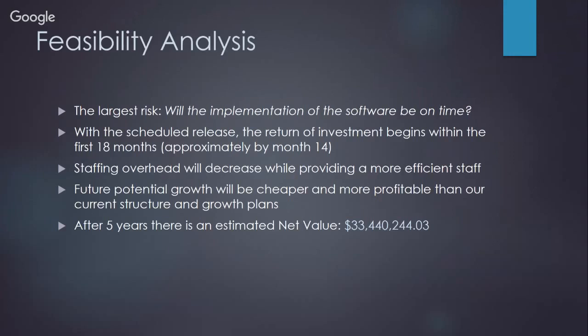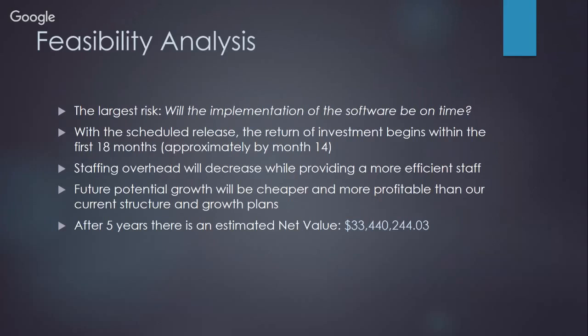Anything longer than that would be a little uncomfortable, and it may not be worth the time and investment to pursue. But with our current scheduled dates of release, we could see everything come about like we've been presenting this whole time, and see a return on investment within the first 18 months. Approximately, actually by month 14, we'll see the return on investment.